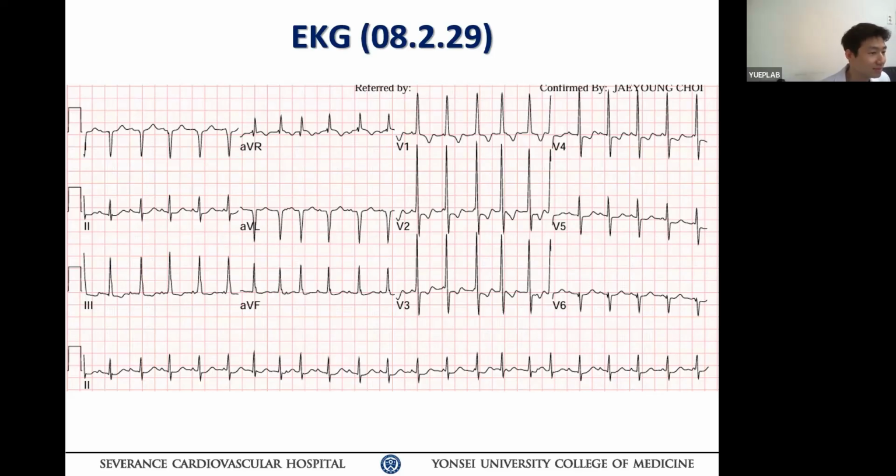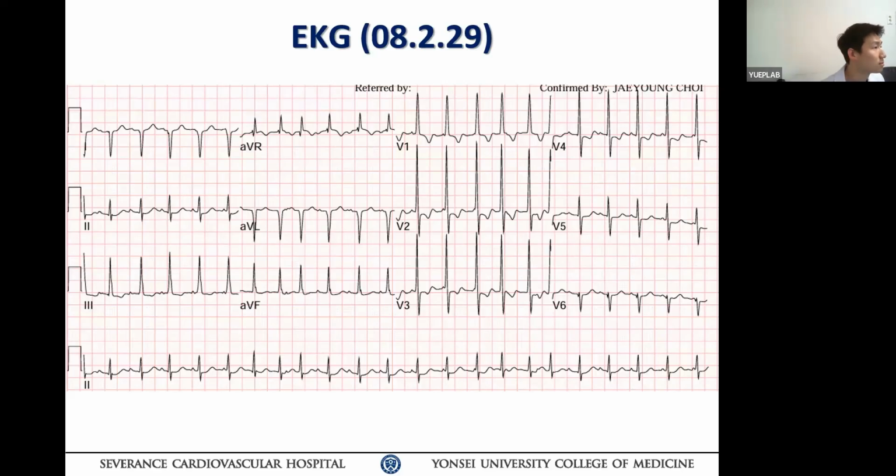Yeah, if you look at the limb leads, lead 1 is negative, aVR is positive. So the northwest axis, that's actually no man's land, right? If it were a wide complex, we would need to suspect VT, but definitely it is not VT. Anyway, the axis is completely right axis deviation, and V1 is positive, V6 even negative.